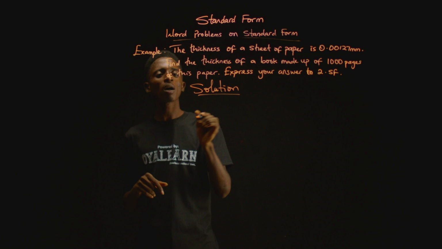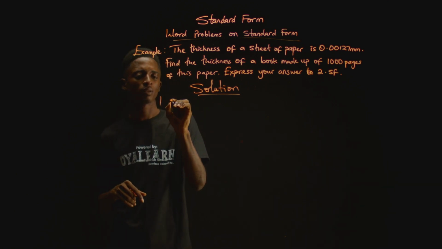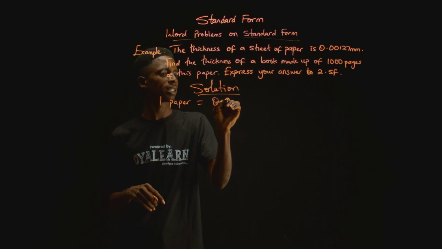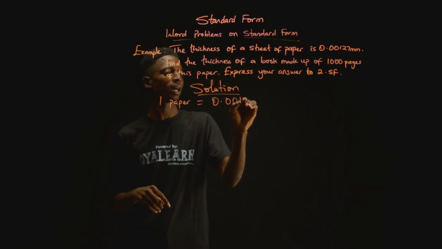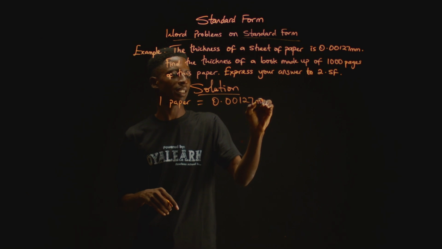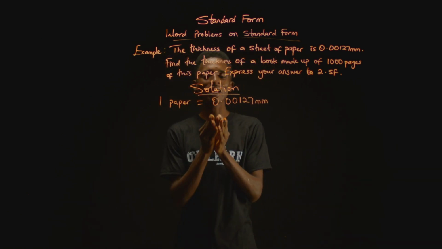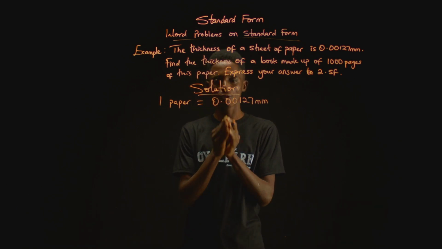Now, we know that one paper is 0.00127 millimeters. Now, to make it simpler, we will express this in standard form.